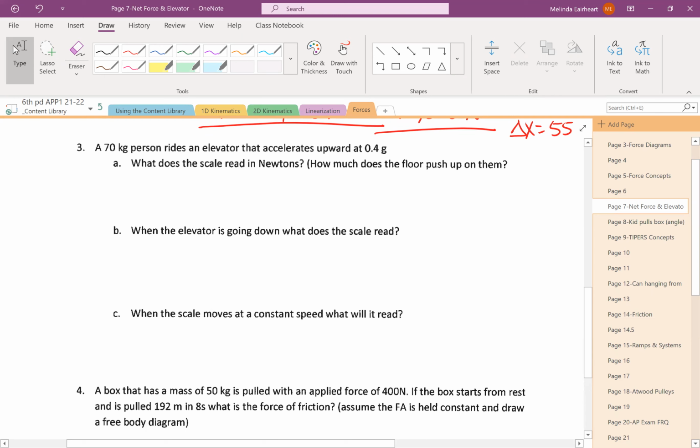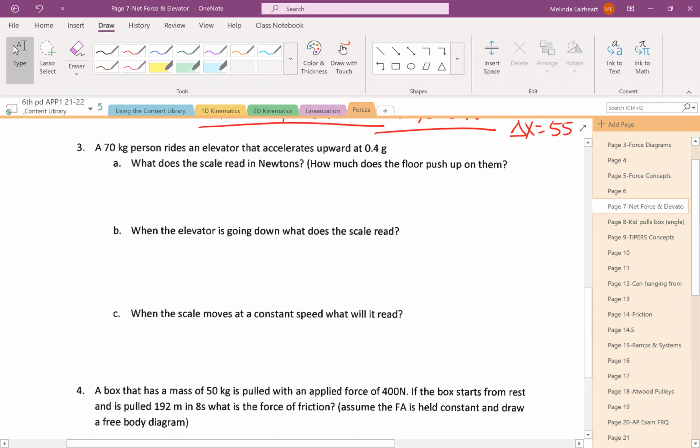So at rest is how you get an accurate weight. But if you were to jump up and down, the scale is going to fluctuate. High number, low number, high number, low number. The truth is your weight is somewhere in between.